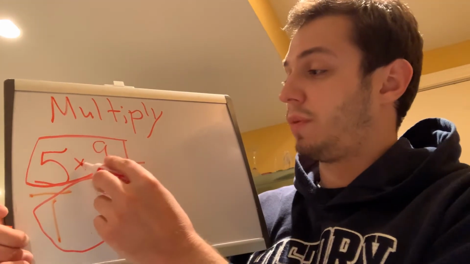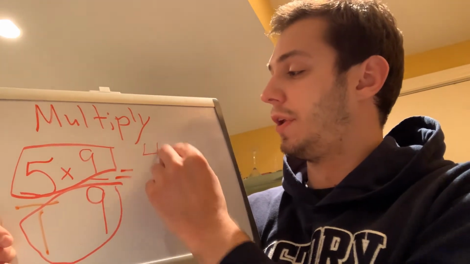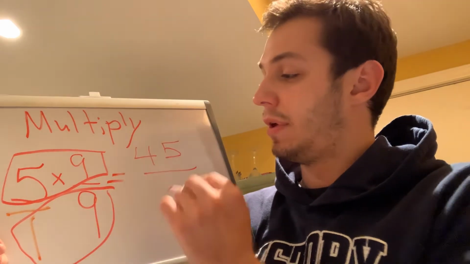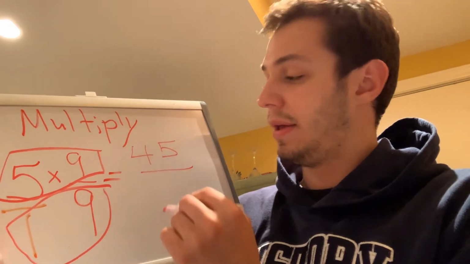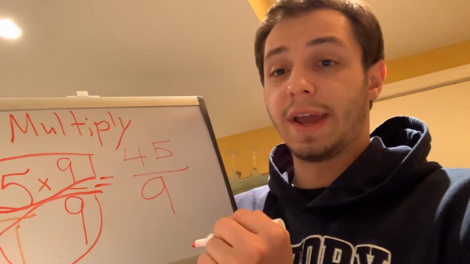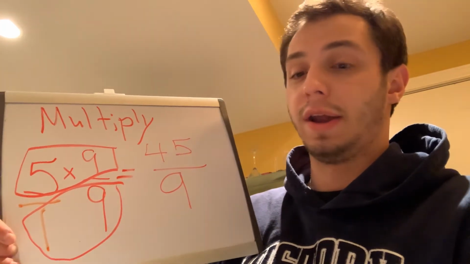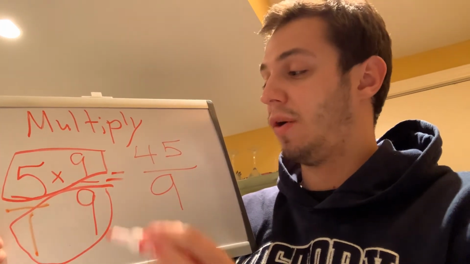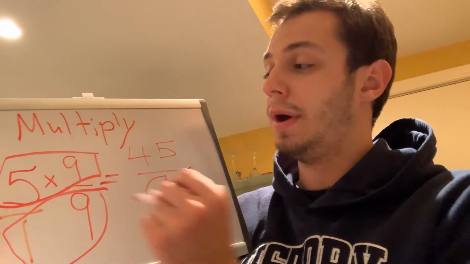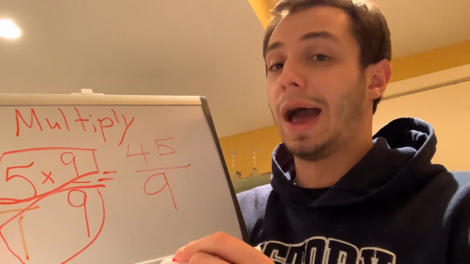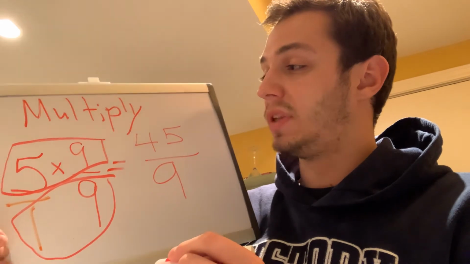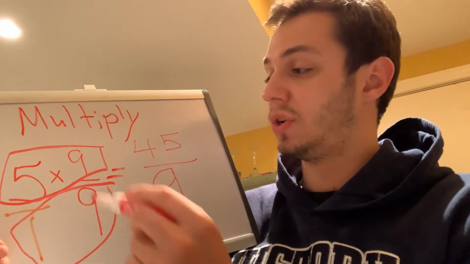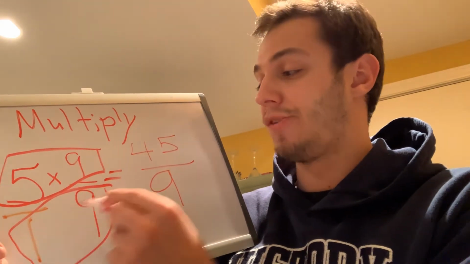So 5 multiplied by 9 is 45. 1 multiplied by 9 is 9. So your answer is 45 over 9. I didn't have to worry about having the same bottom number because we are multiplying, not adding or subtracting. And once again, when we're multiplying fractions, your top number and your bottom number will change.